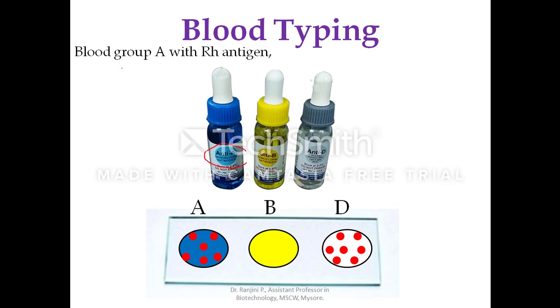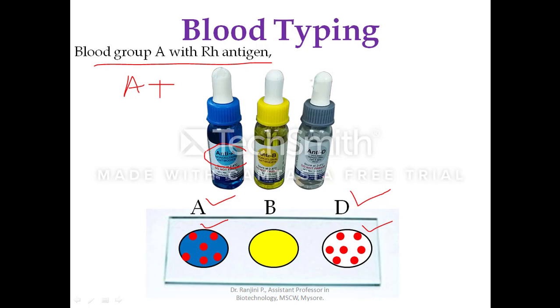Now, if the person has blood group A and the Rh antigen on the surface of the RBC, then he will show blood clumping in the A circle and the D circle, because the A blood group has the antigen A and he will have the antibodies for B. Anti-B antisera will be there in the blood, and hence the A blood group individual shows clumping in circles A and D, because he is carrying the Rh antigen on the surface of the RBCs.